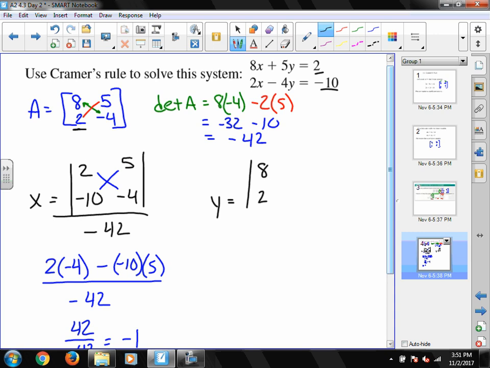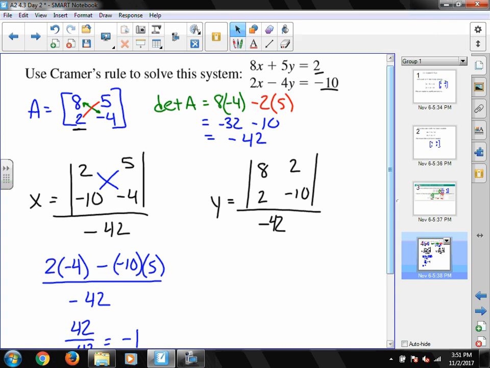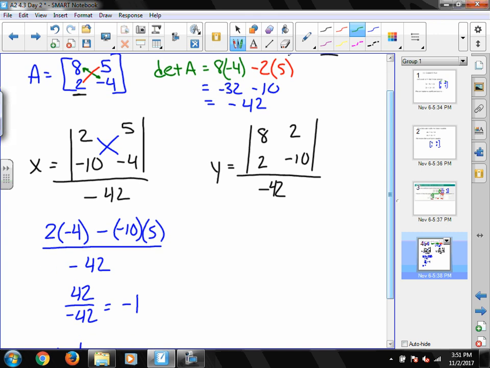Take out the y values, 5 and negative 4, replace them with 2 and negative 10, all over negative 42, that determinant of A that we calculated earlier. And now we calculate that determinant up top, 8 times negative 10 minus 2 times 2, all over negative 42.